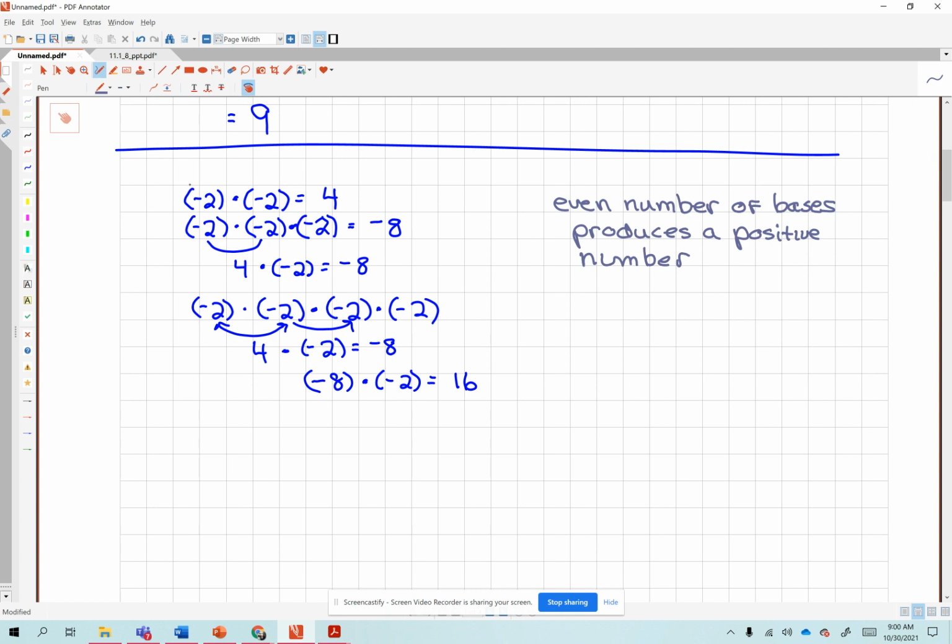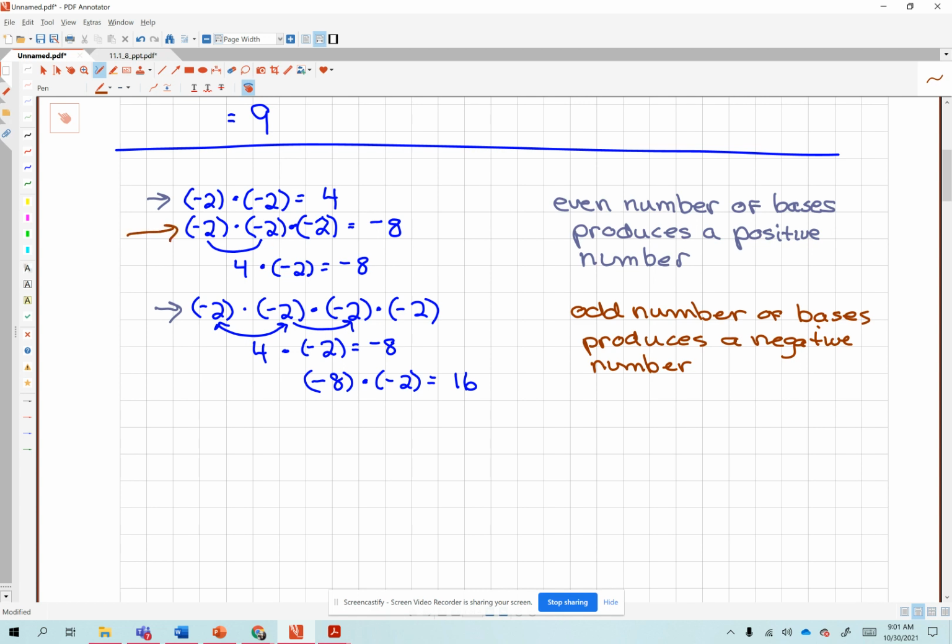That would be like negative 2 times negative 2, or negative 2 times negative 2 times negative 2 times negative 2. But where we have an odd number of bases, that will produce a negative number. I hope you can squeeze these notes in somewhere. So that would be our example: negative 2 times negative 2 times negative 2 produced a negative 8.